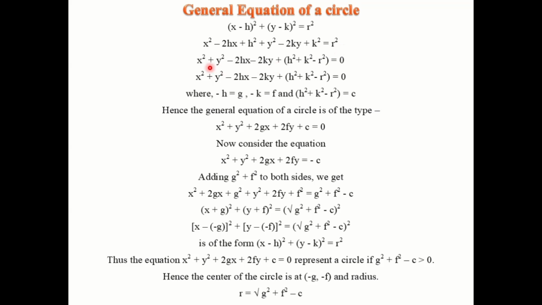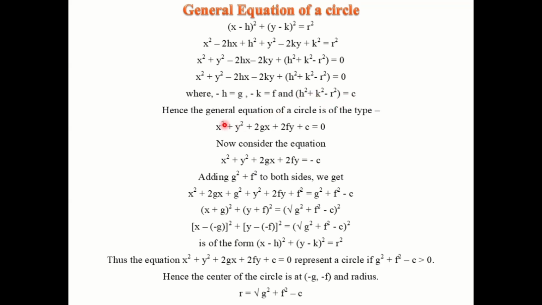Now we are rearranging the elements of this equation: x square plus y square minus 2hx minus 2ky plus h square plus k square minus r square is equal to 0. Now here we write minus h is equal to g, minus k is equal to f, and h square plus k square minus r square is equal to c.